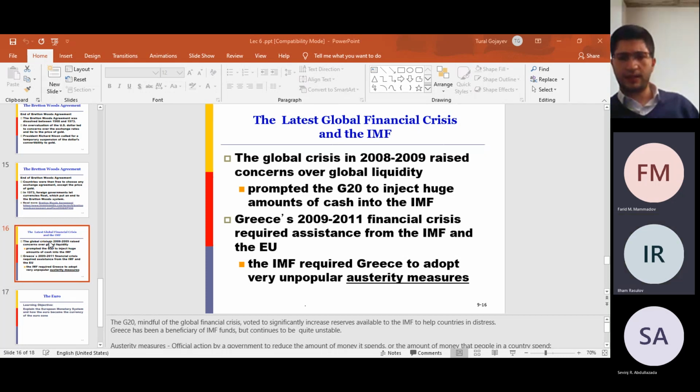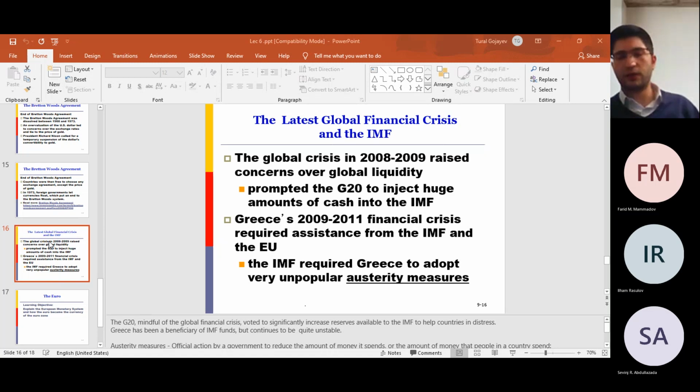Yes, actually you're right. If we have assets or equipment, we can convert them to money or cash, and we can pay other loans or debts. If we can convert these assets to cash, then it's liquidity. Exactly. It is the convertibility of different assets to cash.